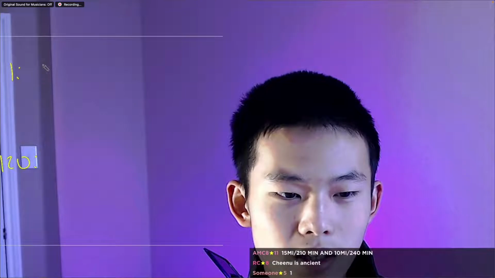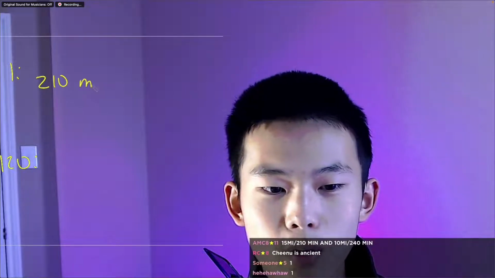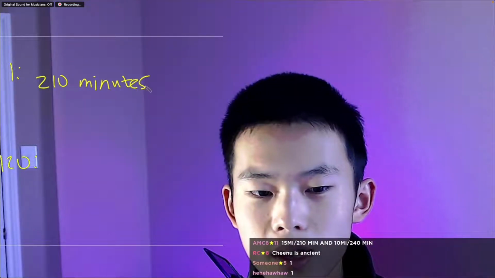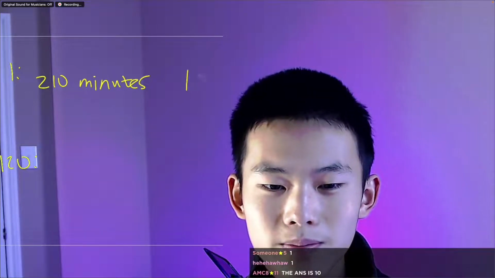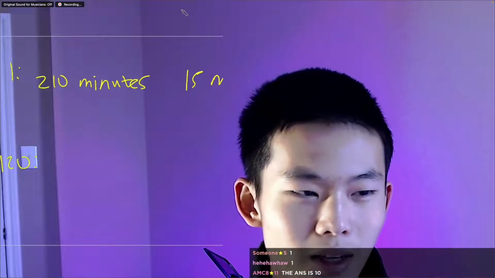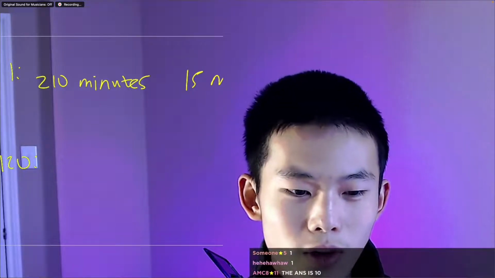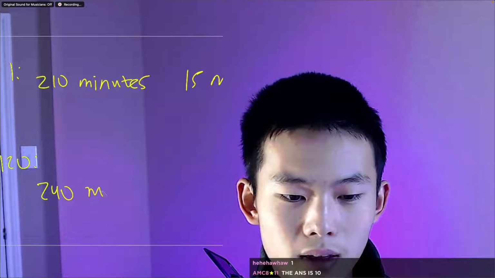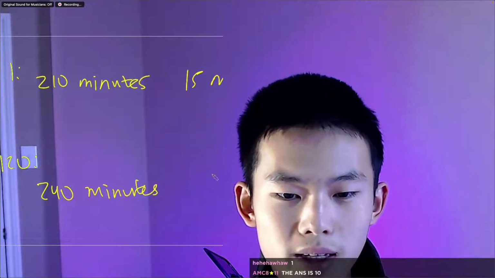So in 210 minutes, because we want to convert everything into one unit of measurement to measure time, we're going to convert everything into minutes. He ran 15 miles. And when he was 120, it took him 4 hours, so 240 minutes, to walk 10 miles.